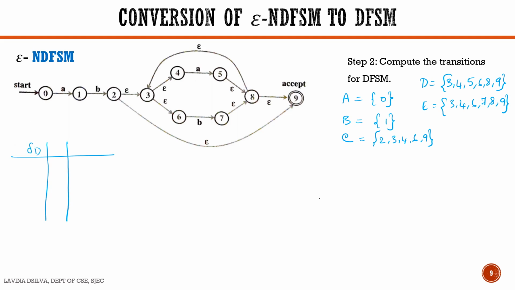Delta D, we had two inputs A and B. A was the start state. So we have A as the start state.